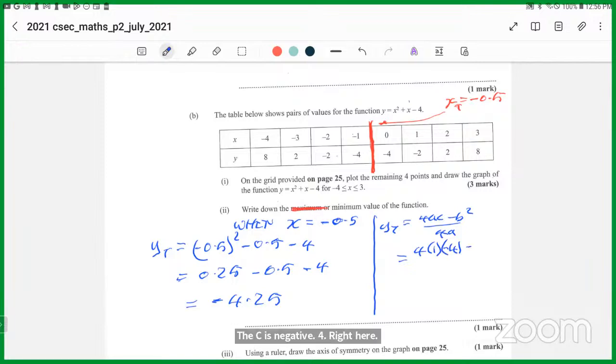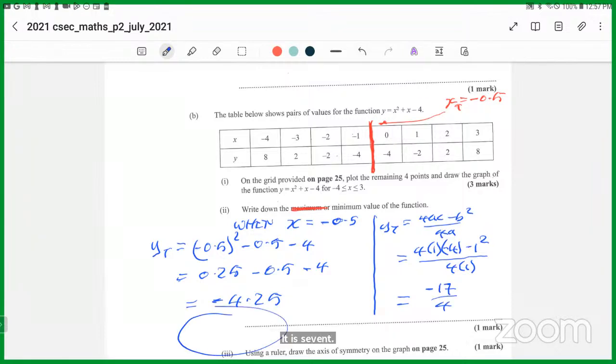The b is also 1, so minus 1 squared, divided by 4a, and the a is 1. This works out to negative 16 minus 1, which gives negative 17. Negative 17/4. I think I wrote down the wrong thing a while ago, but no problem.